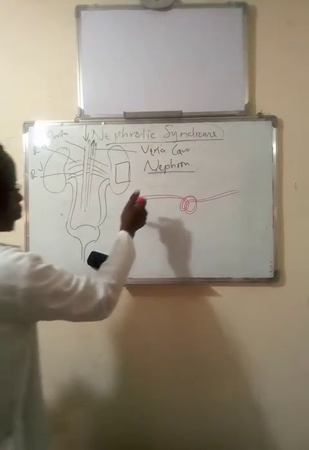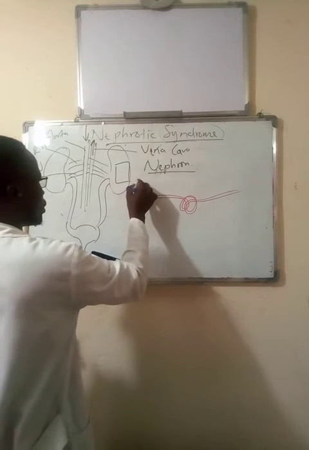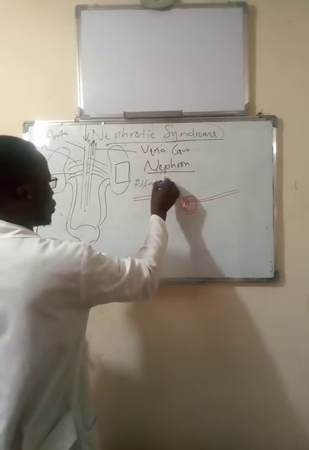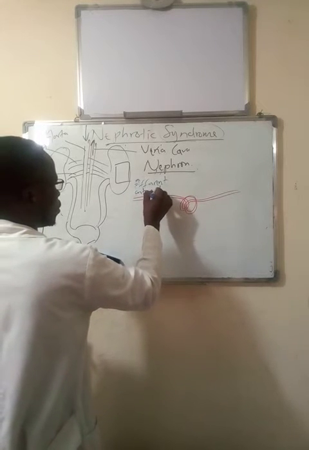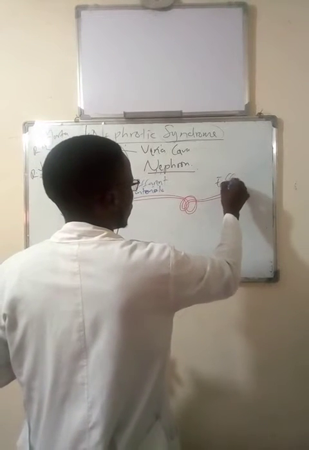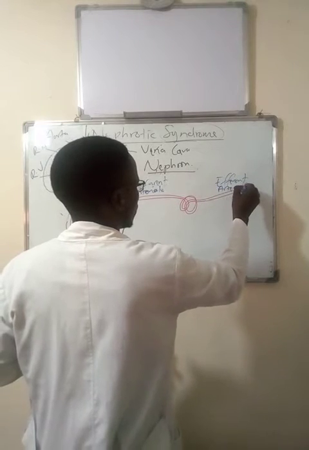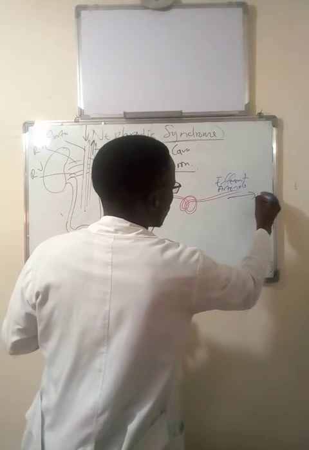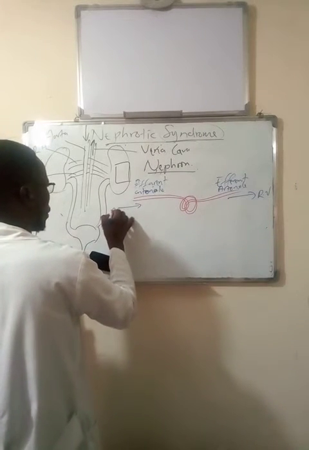From this side we have the afferent arteriole, and this side you have the efferent arteriole. This side is going to the renal vein, and from this side it's coming from the renal artery.